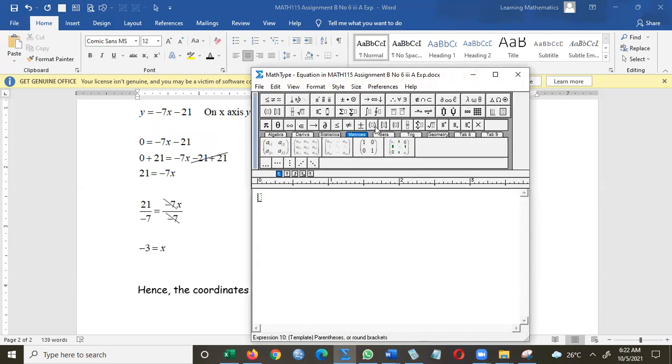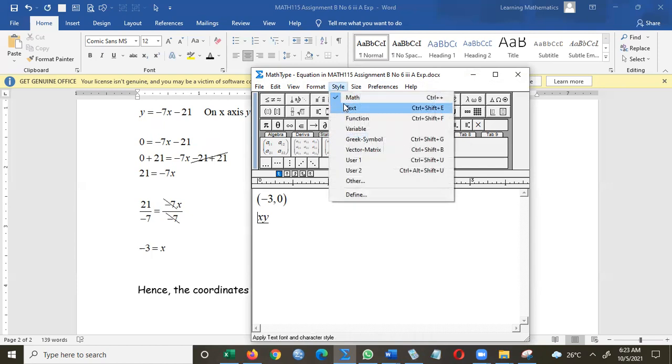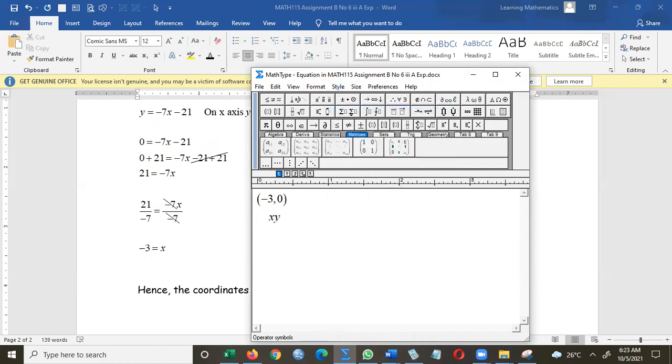So the coordinates would be negative 3, 0. Okay, x, y.